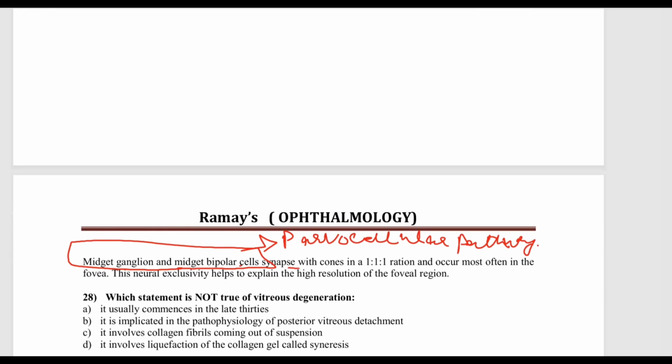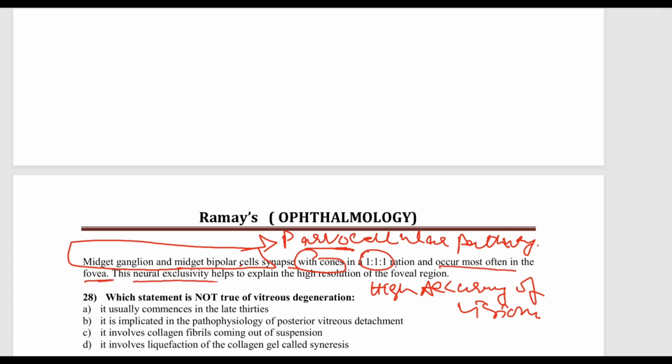These are the cells of the parvocellular pathway, which is responsible for high accuracy of vision, due to synapses which are in a one-to-one ratio and occur most often in the fovea.